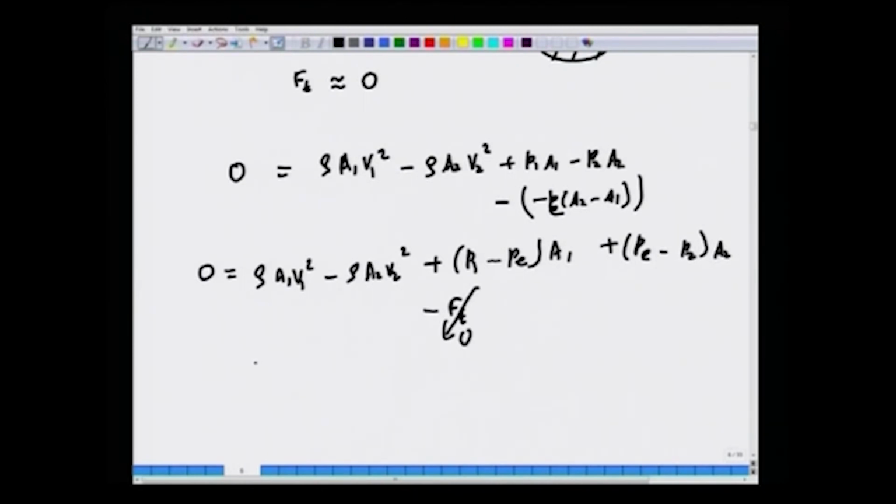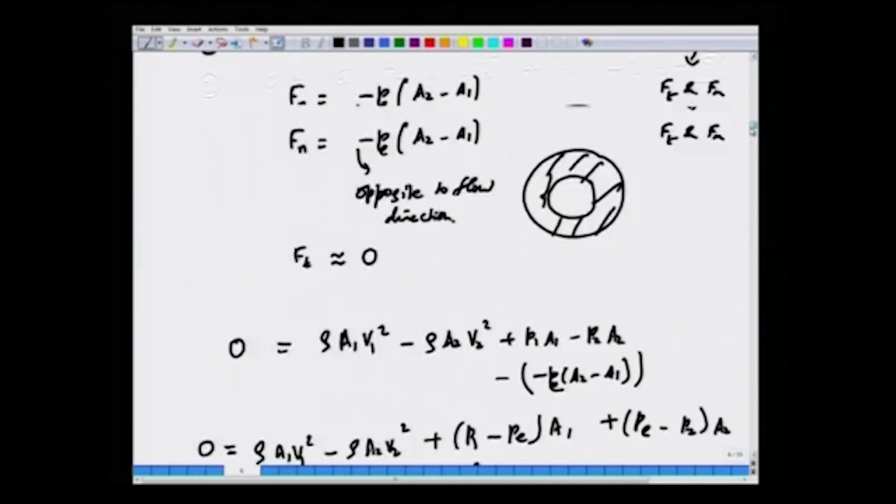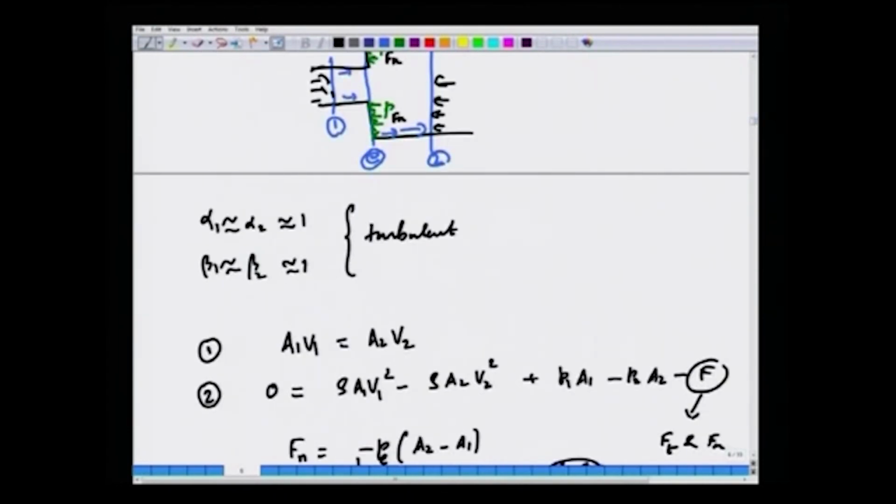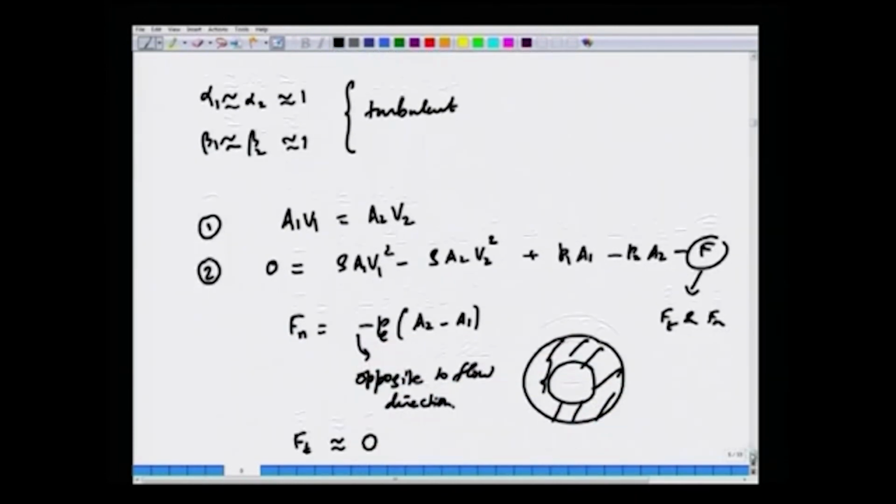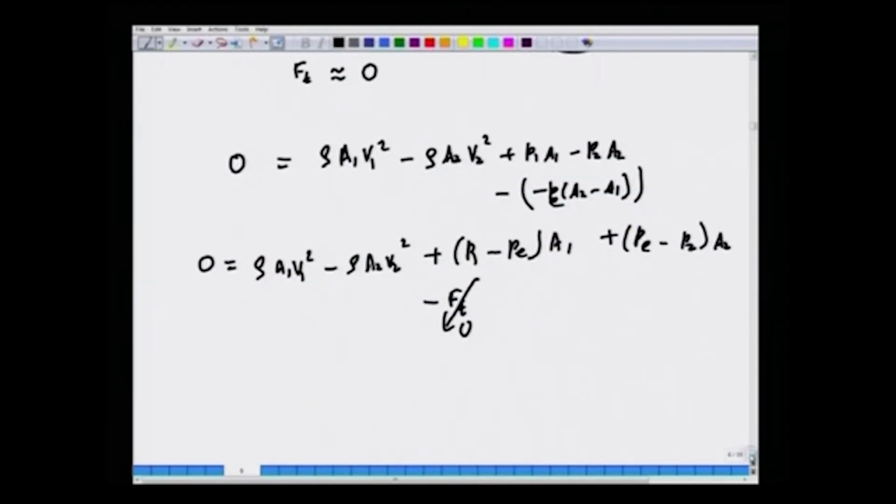Now we have to know the difference between PE and P1, because PE is the pressure at the expansion, whereas P1 is the pressure upstream of the expansion, where the fluid is flowing with some uniform velocity. The pressure between point 1 and point E differs because fluid is flowing in this short segment, but by choosing station 1 sufficiently close to the expansion, we can assume that P1 will be very close to PE, because the only thing we are neglecting is the viscous losses due to the flow in that short segment.